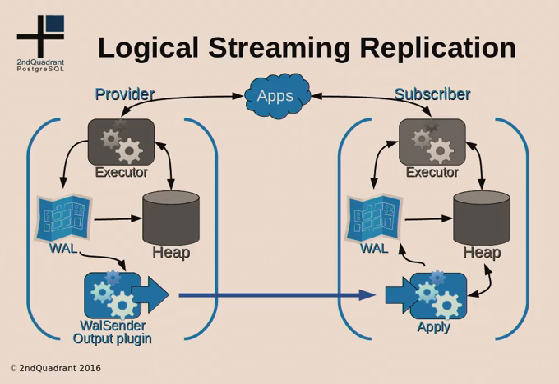And then it exports some low-level C API, which can be used by something that's called an output plugin to generate its own data stream based on these logical changes. And that's the base technology behind the logical replication.